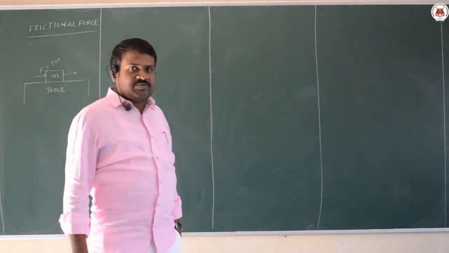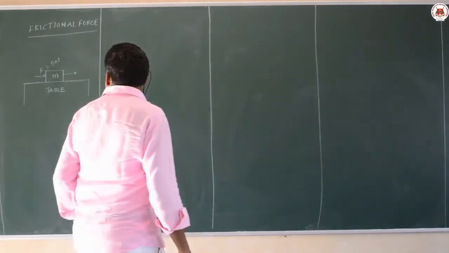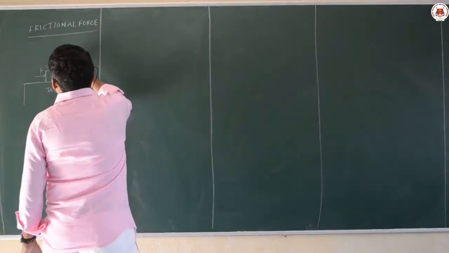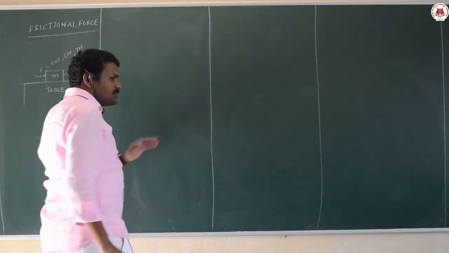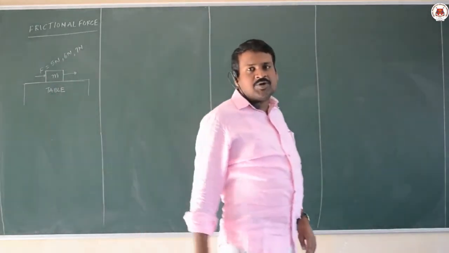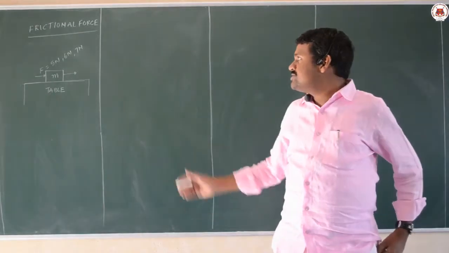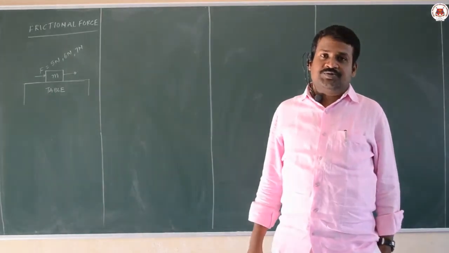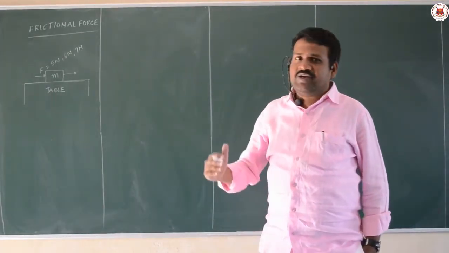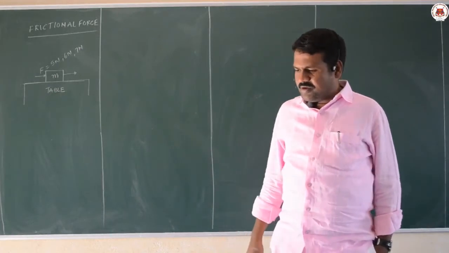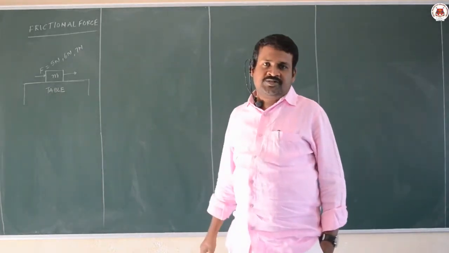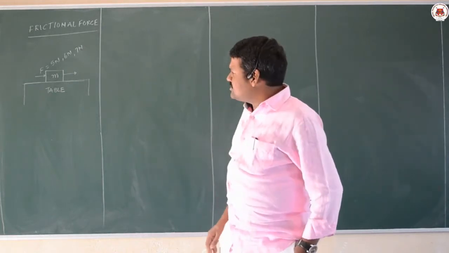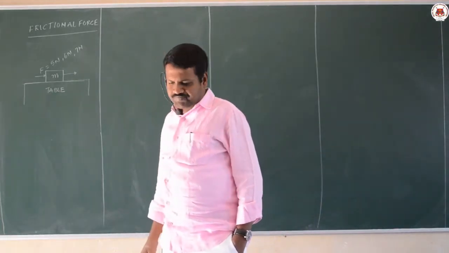If I increase the force, suppose to 6 Newton or 7 Newton, then the body starts sliding. So this is called frictional force. When one body is sliding on another body, the force which opposes that relative motion is called friction. Then what is the cause for friction?